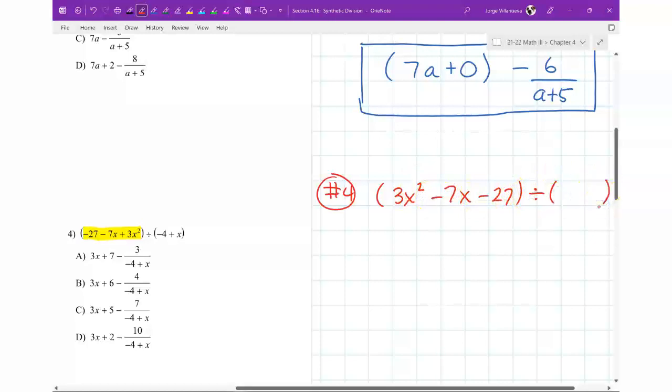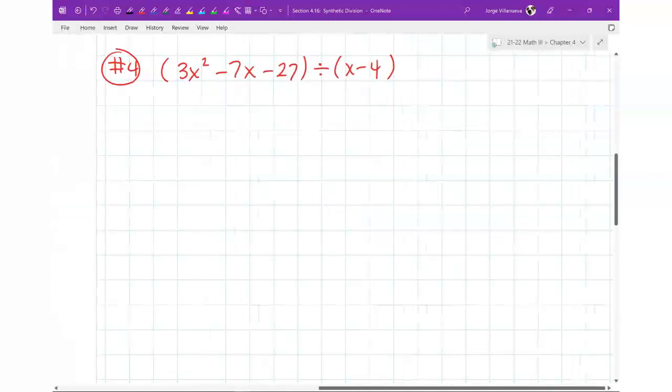And then you see how they wrote negative 4 plus x? I'm going to write x minus 4. I'm just going to fix it. I'm going to put it in descending order as they call it, from highest power to lowest power. So I fixed it, okay? I rewrote it so that it's written properly.